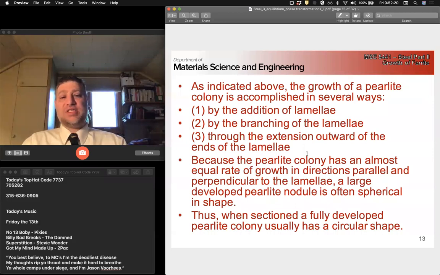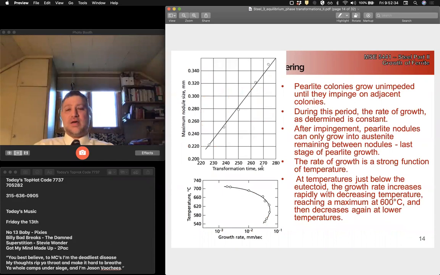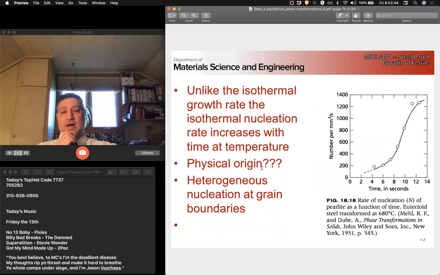So pearlite is spherical, right? We grow by adding lamellae or by branching, and by growth along the outward ends of the lamellae, right? And they're going to grow unimpeded until they impinge on adjacent colonies, right?